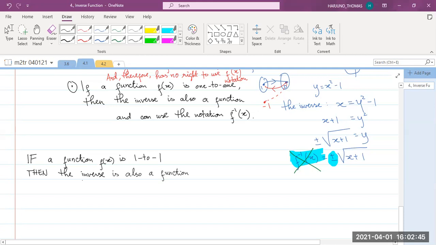And in fact, it is also a one-to-one function. So even the inverse will be one-to-one.